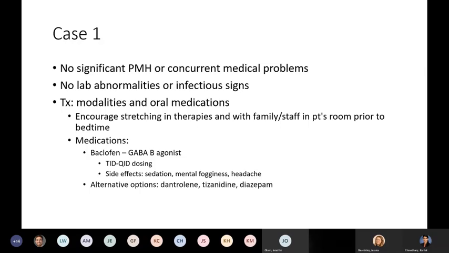As far as medications go, in general, in the spinal cord population, you're usually going to reach for baclofen first. Anecdotally, it just seems to have the best effect for spasticity of neurogenic etiology.